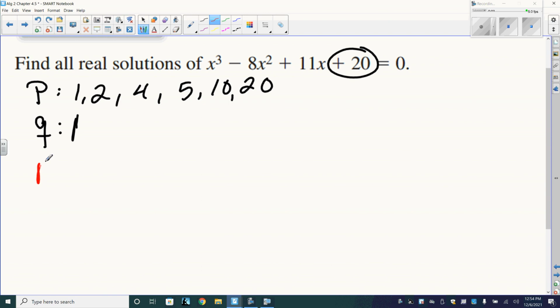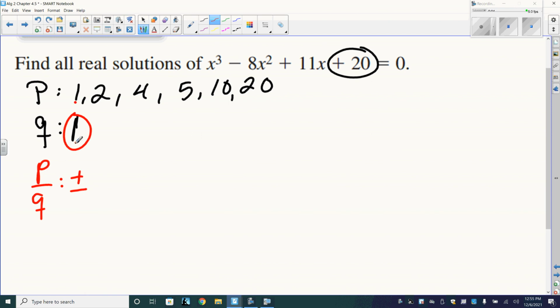Now our list for this is going to be p over q. So we're going to divide each p term by each q term. For this one, there's only one q value. It is 1. And we're going to put plus or minus in front of it.